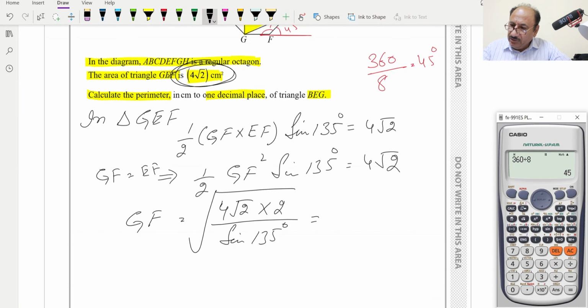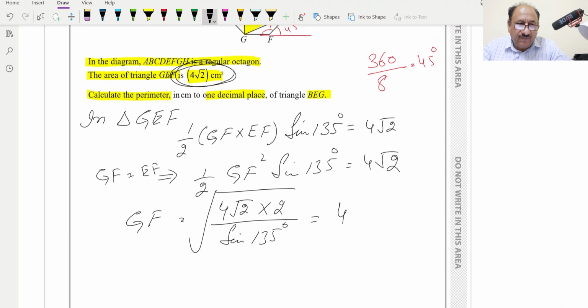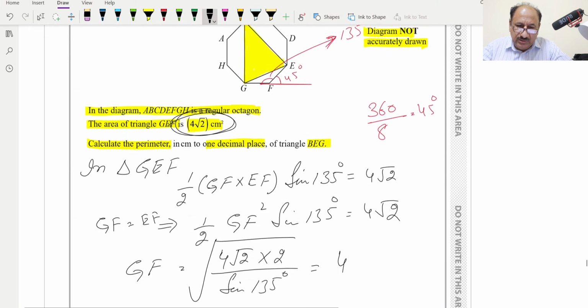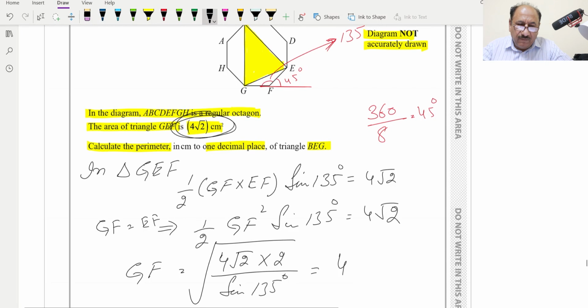We can use the calculator. 4 into 2 will be 8, so 8 root 2 divided by sine of 135 degrees, and this is equal to 4. So GF is equal to 4.